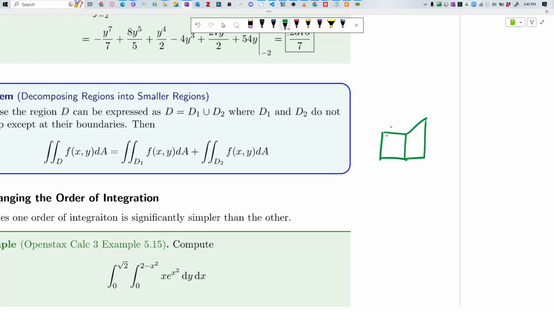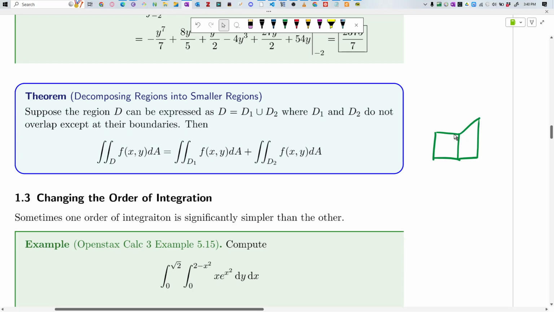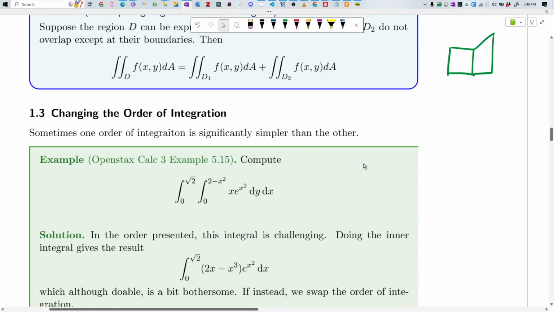The lower function with respect to y would be this diagonal followed by this line. And so this region is not cleanly represented as a region of type 1 or type 2. But if you subdivide it into the box and the trapezoid, then you can easily integrate it as a region of type 1 or of type 2. Either one would work. Okay.